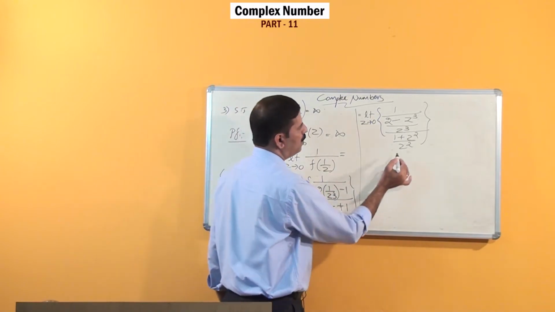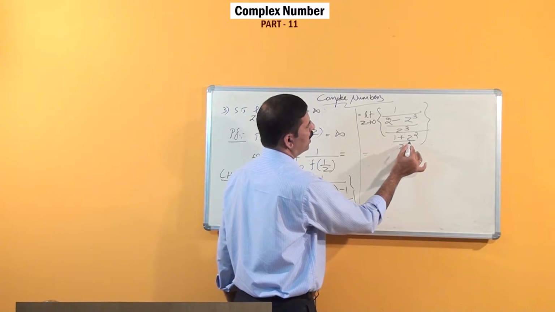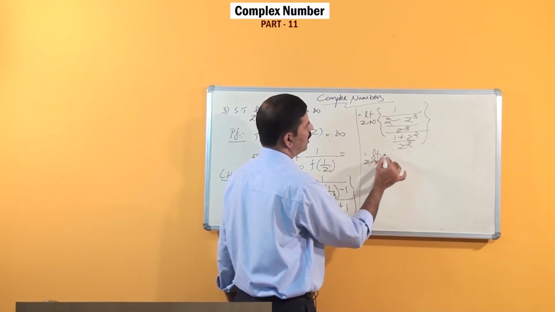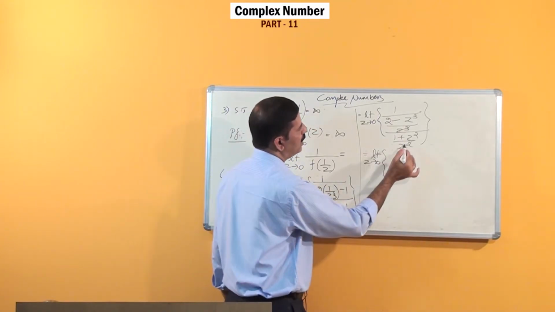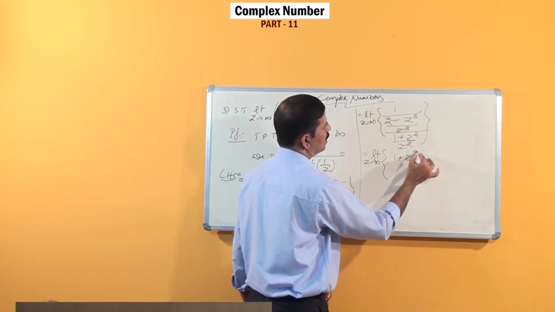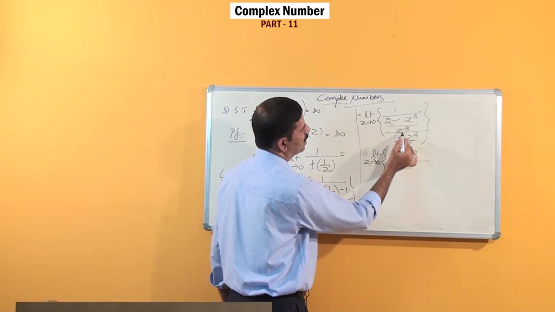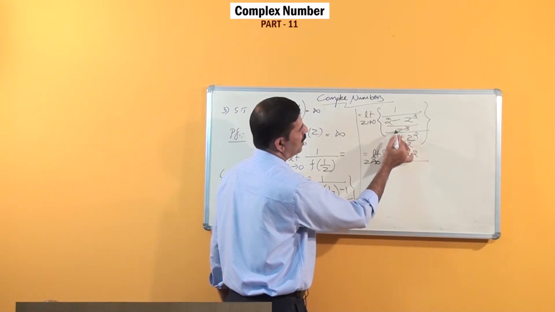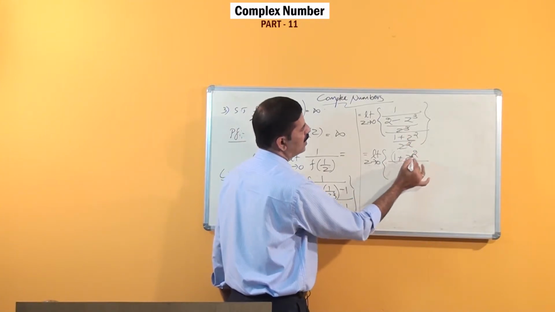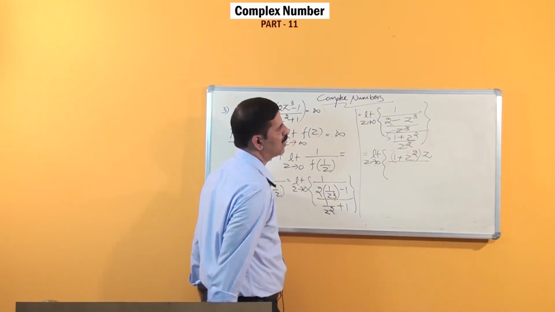Now on simplification, z square and z square cancel out. The denominator goes to the numerator, so z square divided by, what remains there? 1z remains, from z cube over z square, and that z joins the numerator.